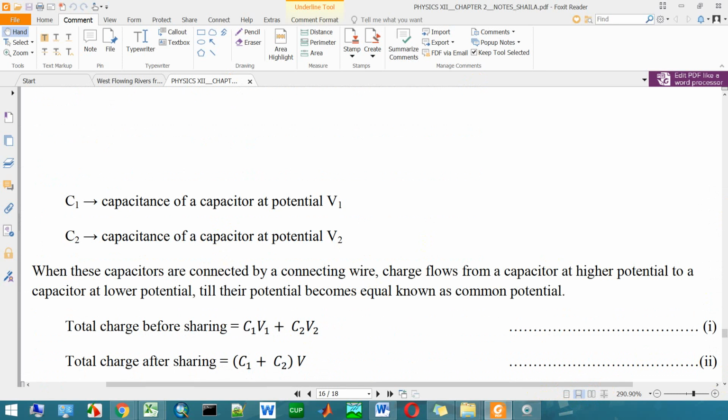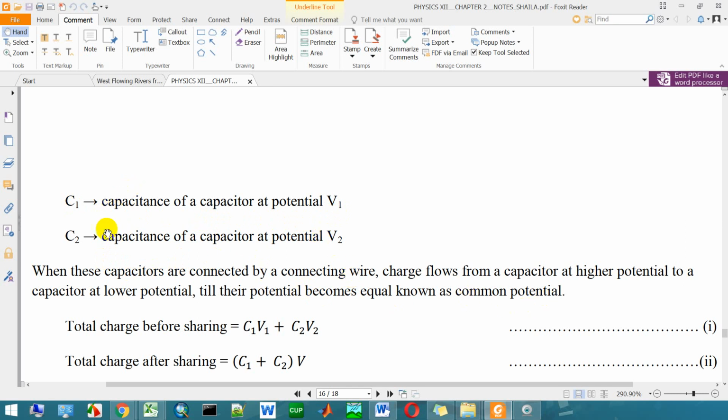Let us take two capacitors with capacitance C1 and C2. Say C1 is the capacitance of a capacitor at potential V1 and C2 is the capacitance of a capacitor at potential V2.